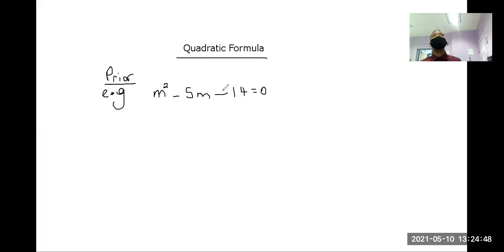An easier example, whenever we're solving these questions, we want to find two numbers that when we multiply them, we get negative 14, but when we add them, we get negative 5. I already went ahead and solved this question, which is going to be negative 7 and positive 2.